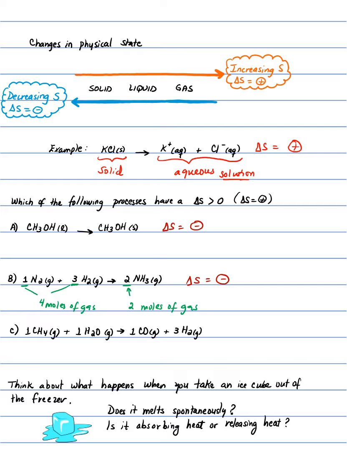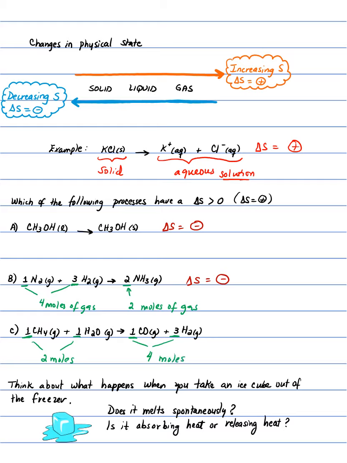So now for the last one, you need to focus your attention again on the amount that you have, not just the physical states. So I'm going to underline my number of moles because all of the states are gases. So on the reactant side, I have a total of 2 moles. And then on the product side, I have a total of 4 moles of gas.